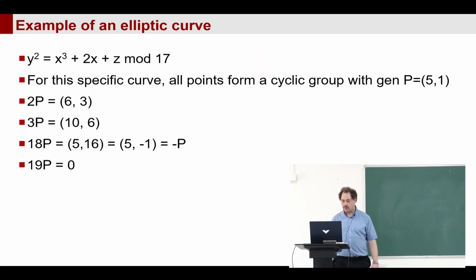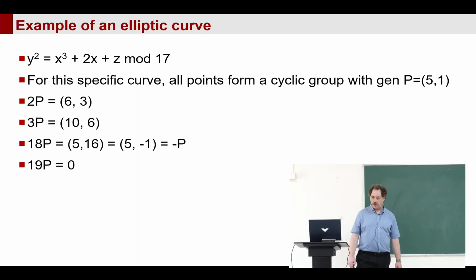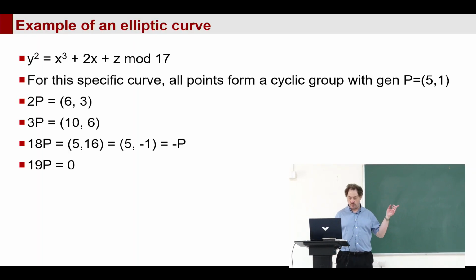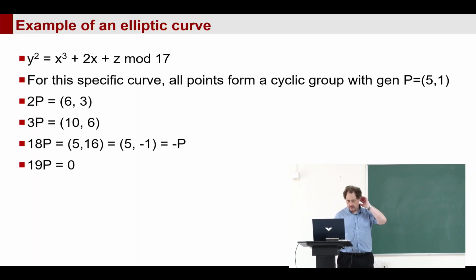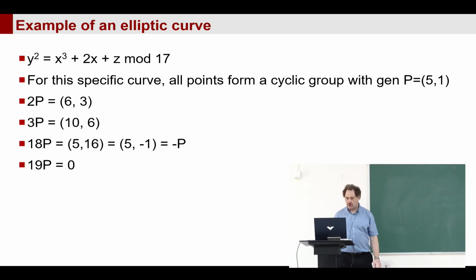So here is an example of an elliptic curve with the coefficients of 2 and 1. For this specific curve, all points would form a cyclic group with the generating point P with the coordinates of 5 and 1.